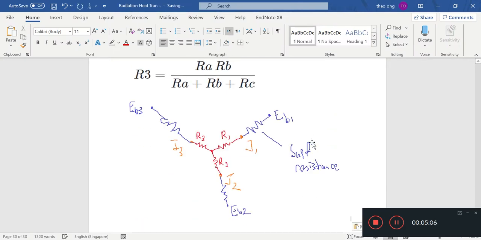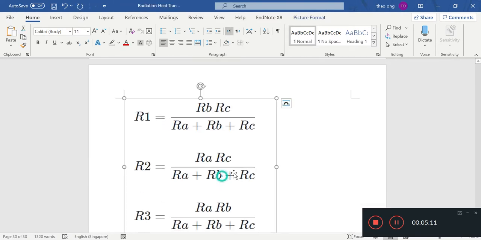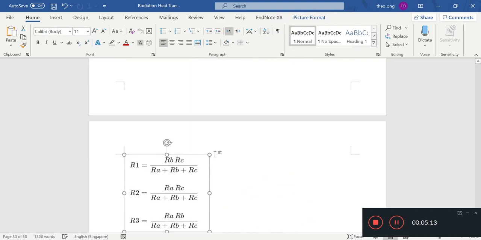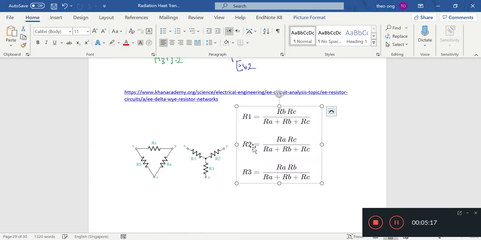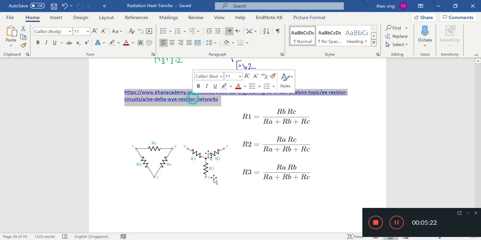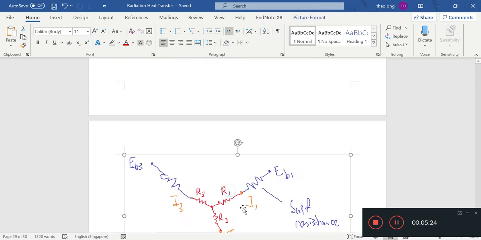Do note that this R3 is referring to this one you see here. These two come together in one diagram from this website, and this one is a different diagram.